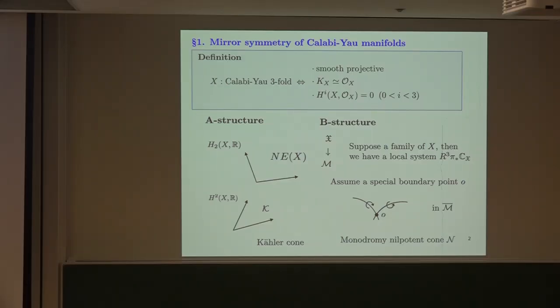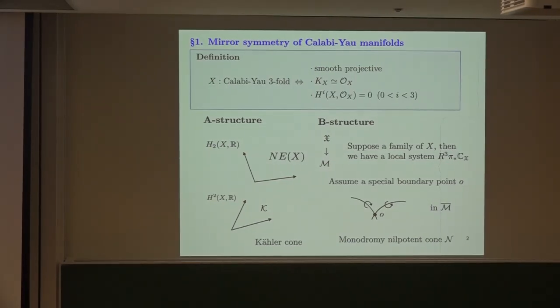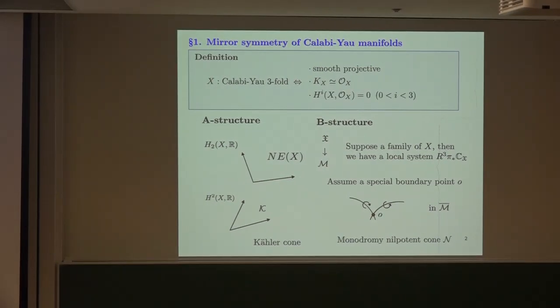Making local solutions, you can think about the analytic continuation to a much larger domain. That's one way to see how to come to the compactification of the moduli space.